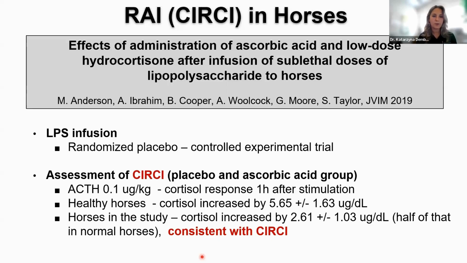The dose they used was 0.1 microgram per kilogram, and they found that the horses that got LPS had evidence of CIRCI, and the cortisol response was much lower compared to the control group, so compared to healthy horses. Healthy horses had a cortisol increase by almost 6 micrograms per deciliter, and the horses that had LPS increased by half of that, so 2.6 micrograms. That tells us that ACTH stimulation is a good test to determine whether the horse has adrenal insufficiency.